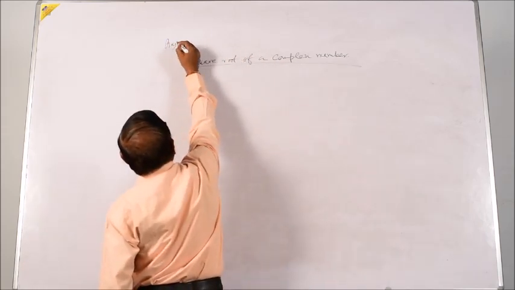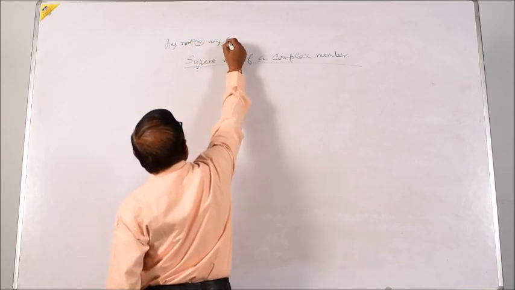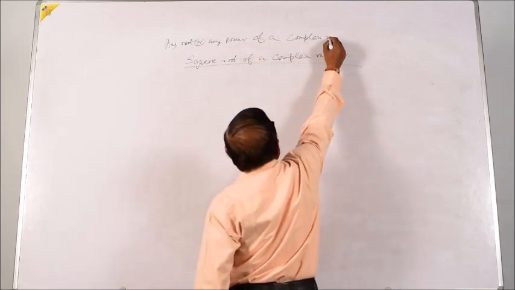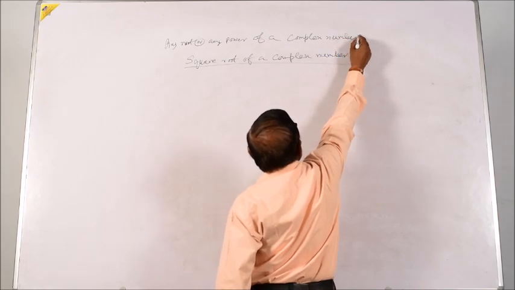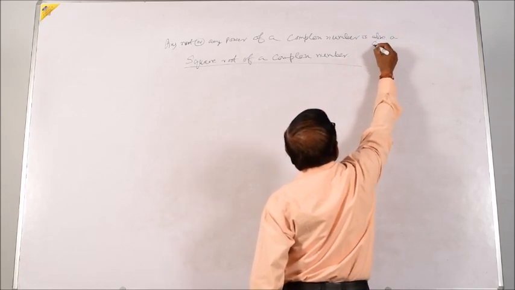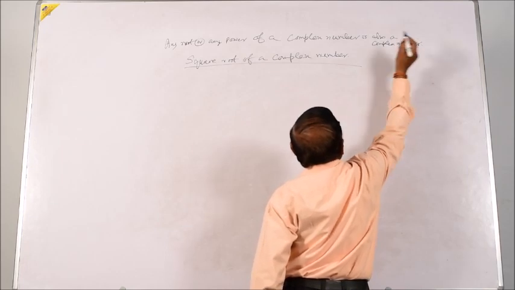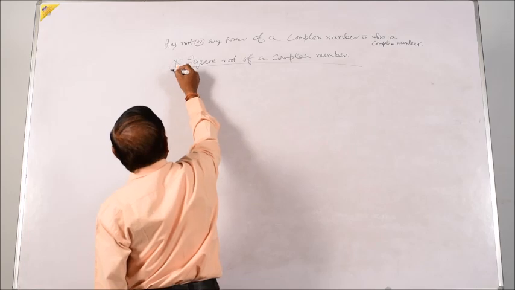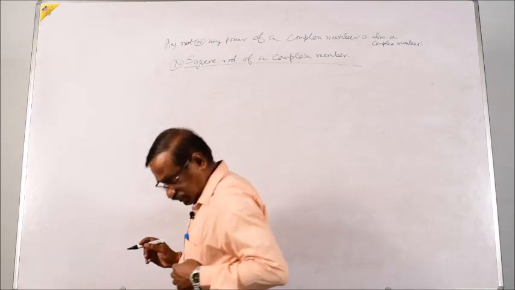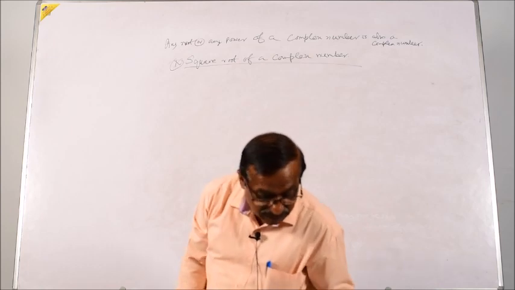Any root or any power of a complex number is also a complex number. Specifically, we are taking the square root of a complex number. It will be easier if we take an example. Why should I waste my time telling you the theory part.